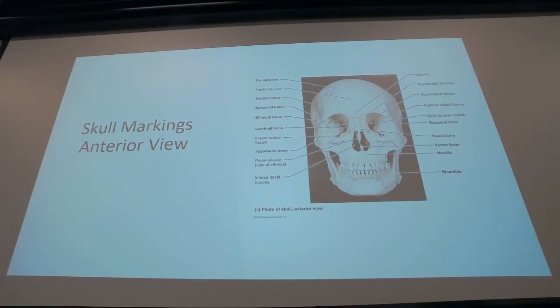So the perpendicular plate of the ethmoid superiorly and the vomer, they form the bony nasal septum.